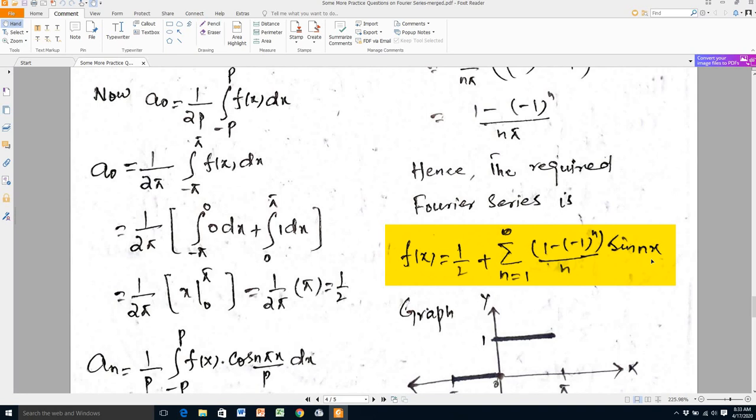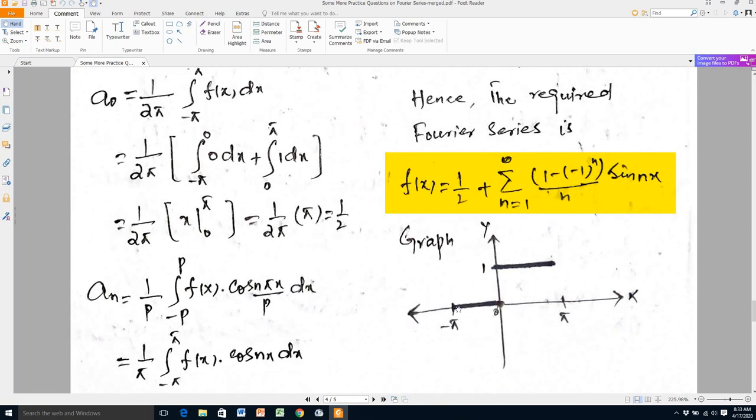When I substitute the value of p, that pi is cancelled with this pi, so it becomes sine nx. And when you try to draw the graph of this function, here you see minus pi, here pi, and in the question from minus pi to 0 the value of the function is 0. So I draw a line parallel to this. It means there is no wave generated here.